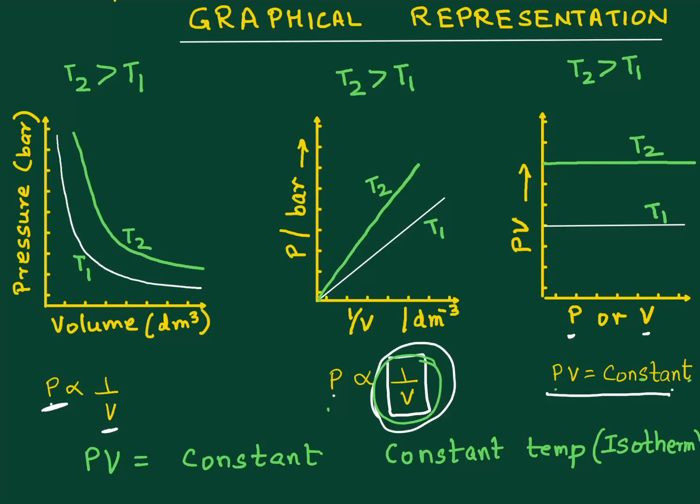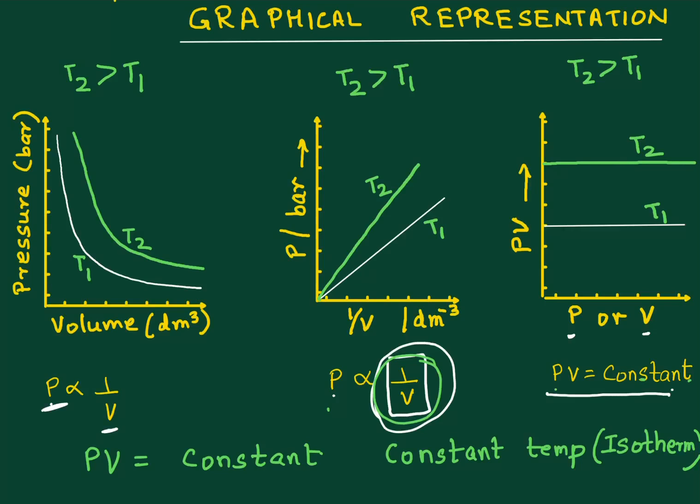Remember, we have already dealt with the topic of thermodynamics in a separate playlist. This graph that we've got is an isotherm for the gas at temperature T1, the white curve. On the other hand, this is the isotherm at temperature T2, right?